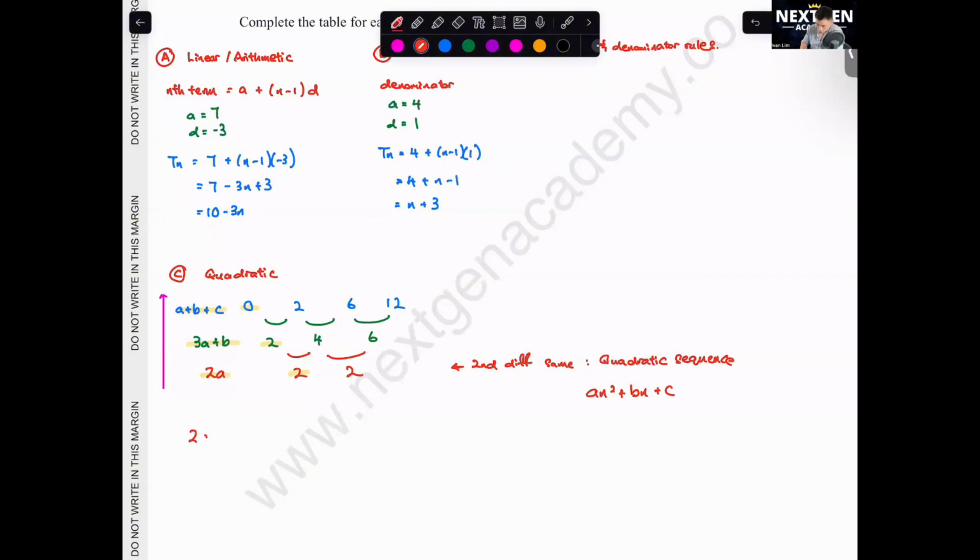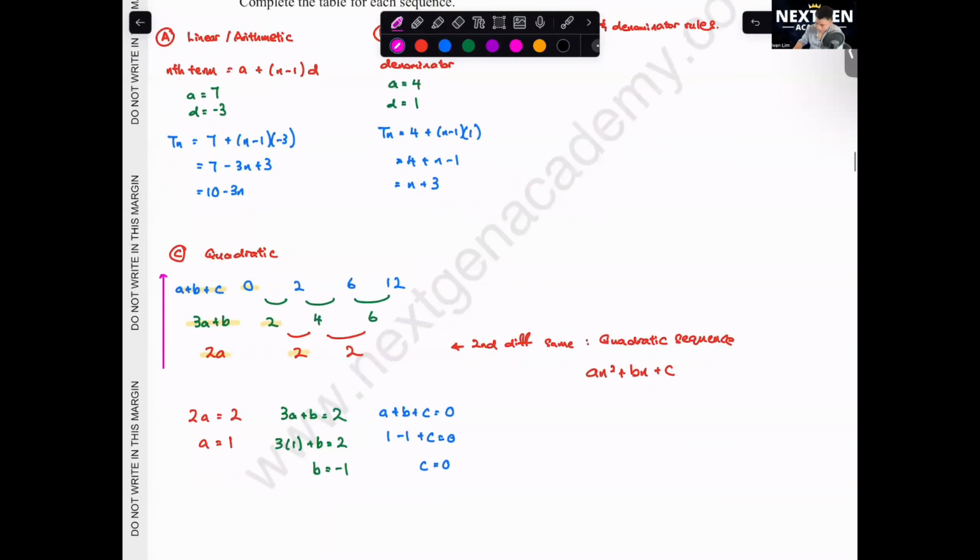The first equation, 2a equals 2, so a equals 1. Then 3a plus b equals 2, 3 times 1 plus b equals 2, b equals 2 minus 3, which is minus 1. Then a plus b plus c equals 0, 1 minus 1 plus c equals 0, so c equals 0.